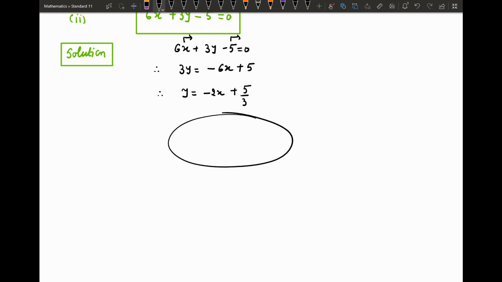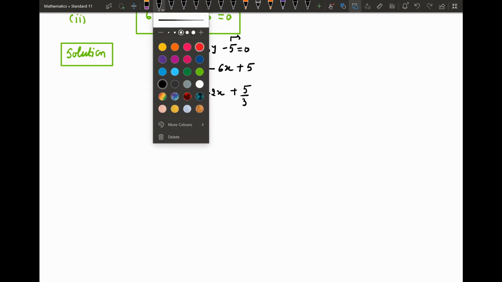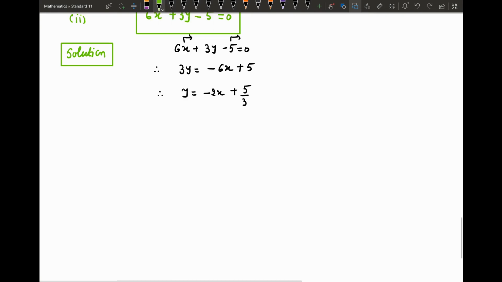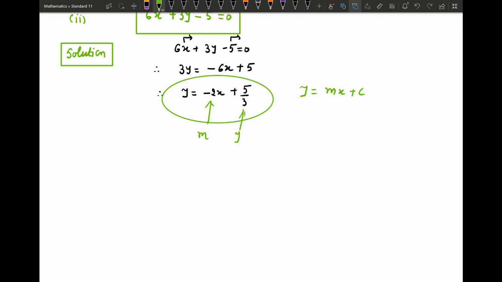Now compare this with the standard form y equal to mx plus c. So this will be the slope and this will be the y-intercept.